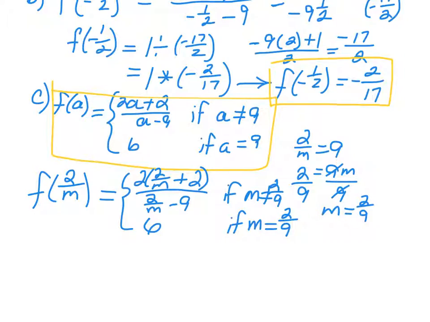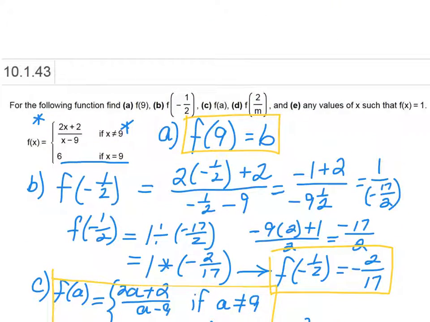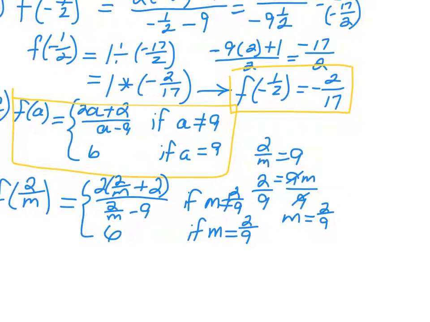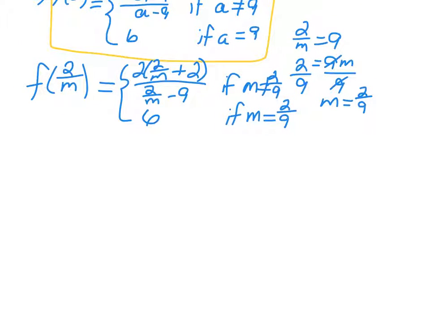So now let's move on to the last part, which is part E. And part E asks us to find any values of x such that f of x would equal 1. So let's look at what f of x is again.